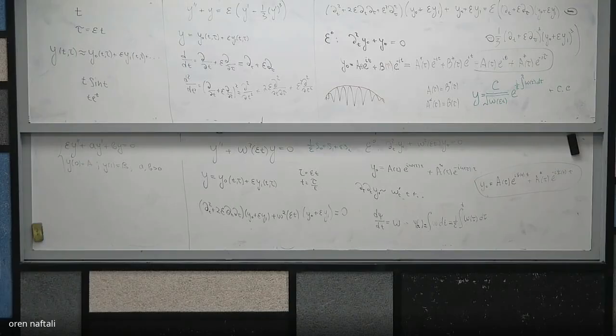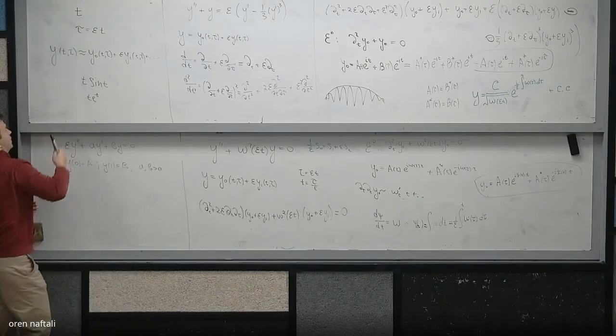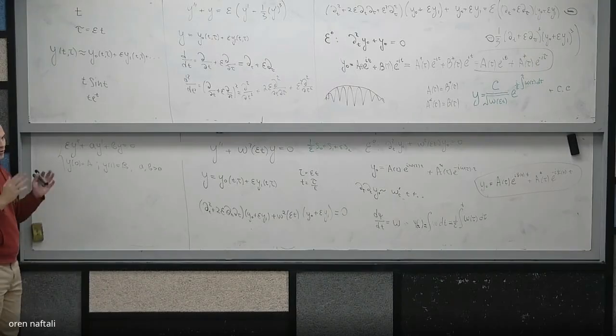Remember, the outer solution was a smooth, slowly varying solution, while the inner solution was the one that changes fast. So tau is like our time for the outer region, and t is the time scale for the inner solutions.